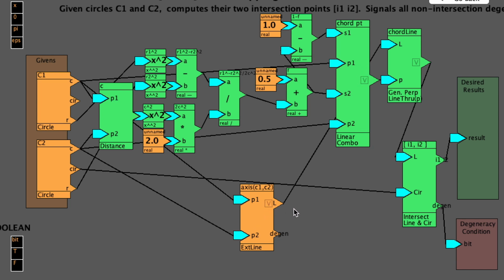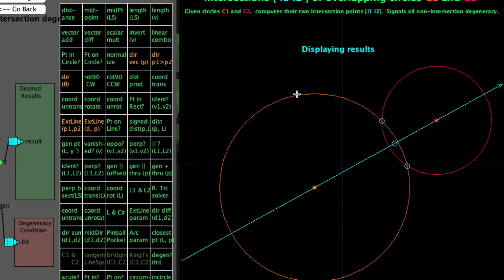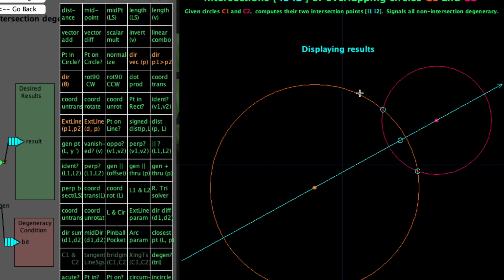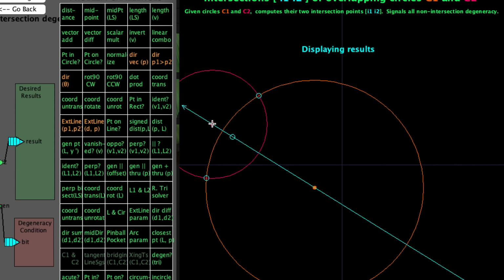We can actually now go and look at this over on the other window. So I'll turn that on. So here's our axis line. And then what we do is we calculate the point P. There's our magic point P right there. And then finally, we'll generate a perpendicular to the axis line.